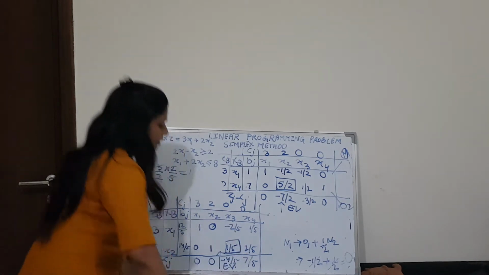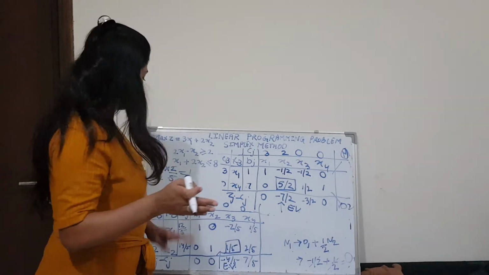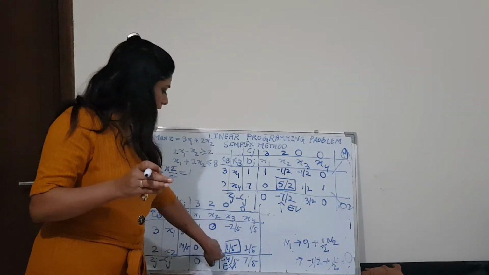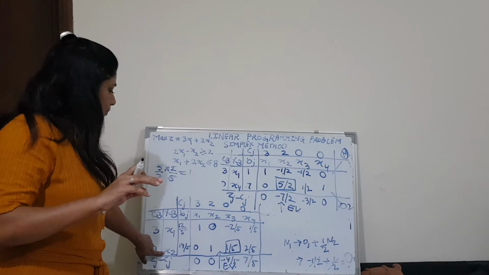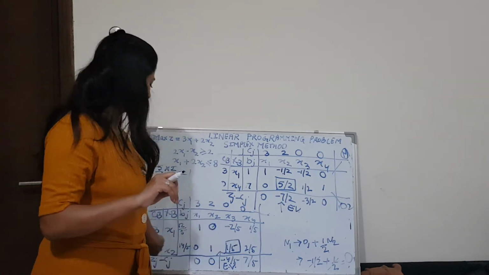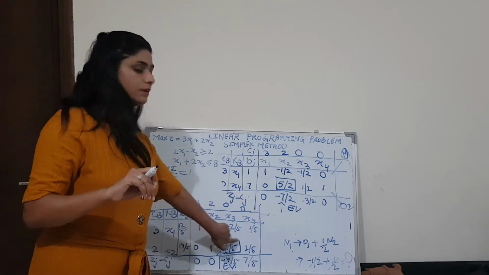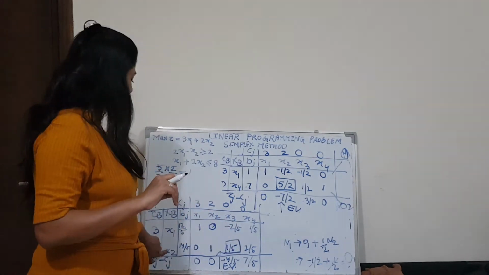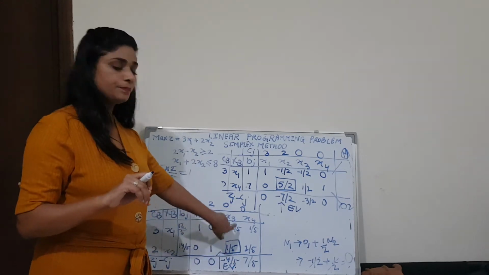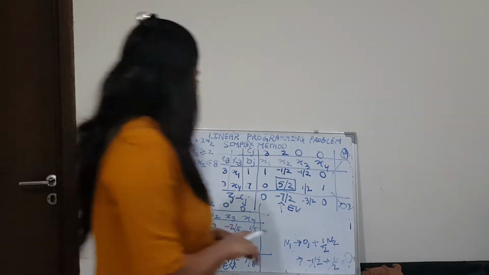In our new simplex table, the entering vector would be x3, and we will replace this x2 by x3 because we are getting the outgoing vector from this row. So this row we will remove, and in place of x2 we will write x3. So let's start.